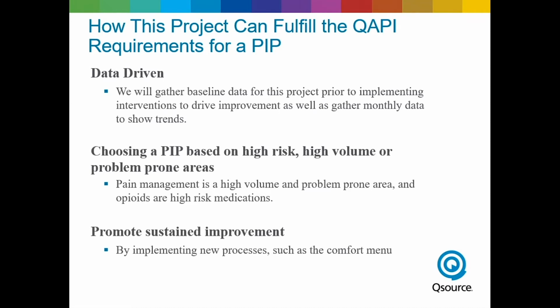And we will complete data monthly to show trends. All of that is going to be included in this project that will meet that requirement for the QAPI PIP. Another requirement is that you choose a PIP based on a high risk, high volume, or problem prone area. And so, of course, we all know that pain management is definitely a high volume and problem prone area that comes with high risks at your facility.